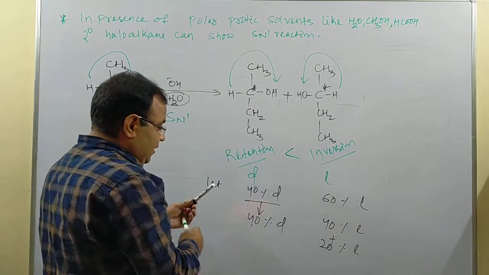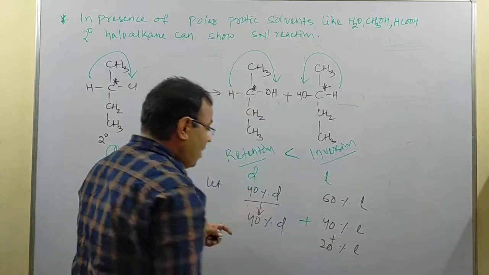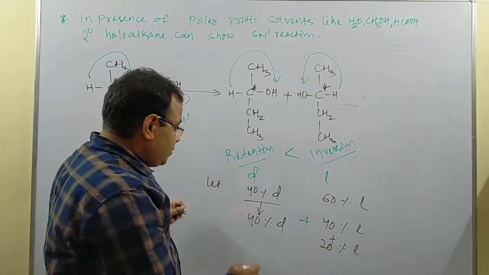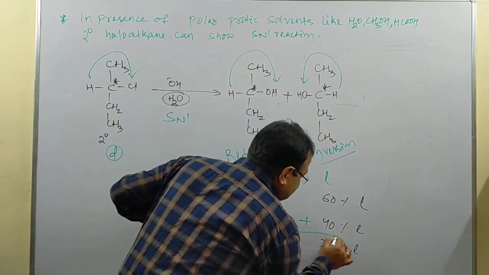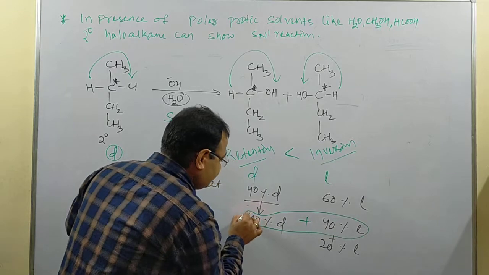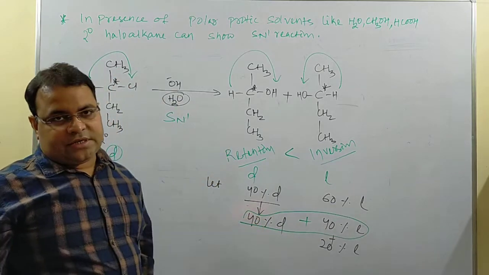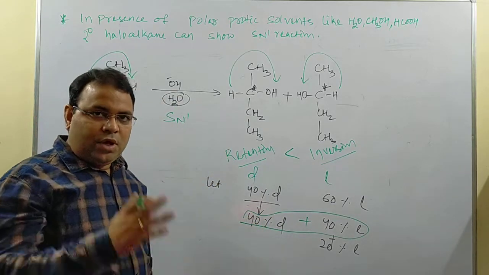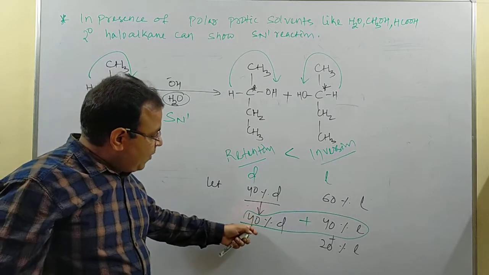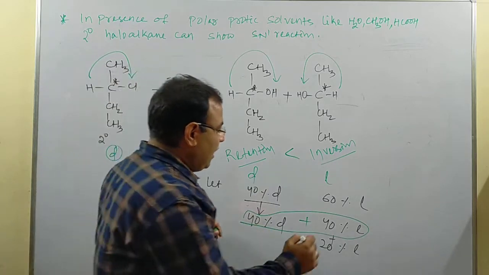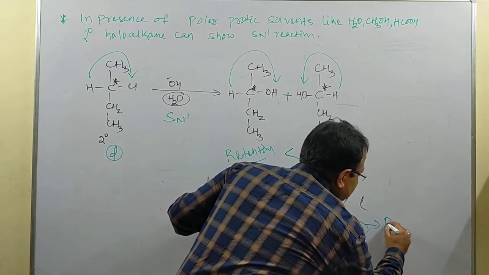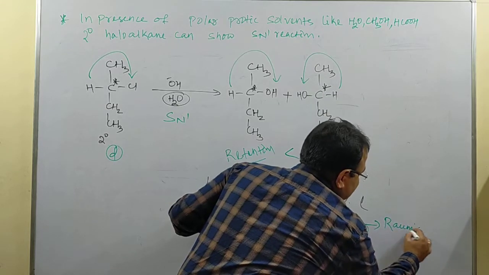So what will be there? Just see. One is D form, one is L form. The equimolar mixture of D and L form is known as a racemic mixture. It is taught to you in 11th class. So 40% D and 40% L will give you this racemic mixture.